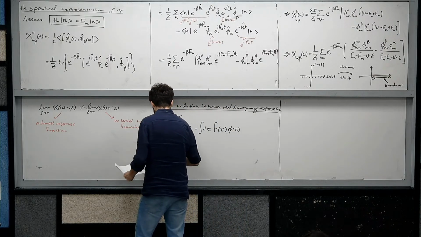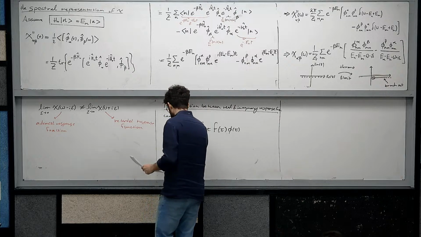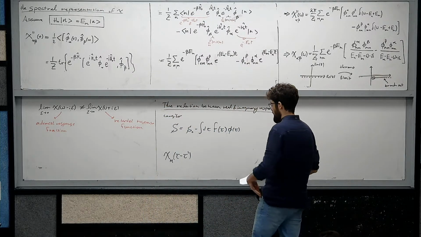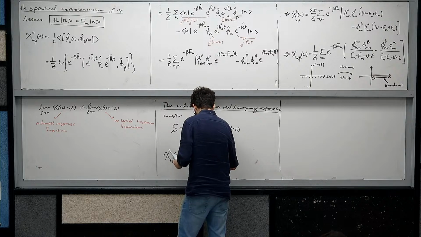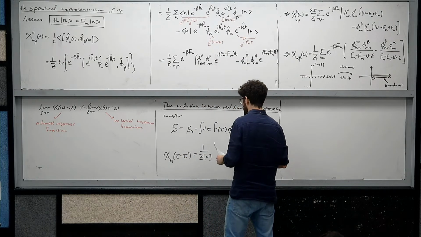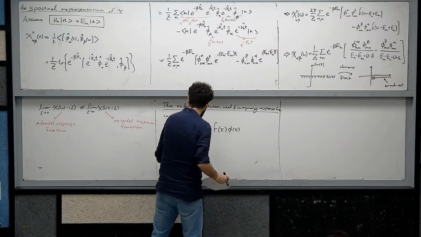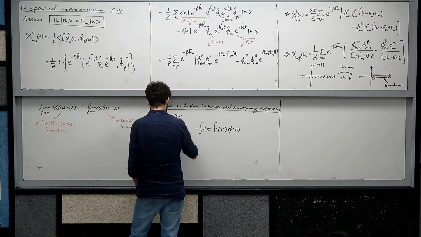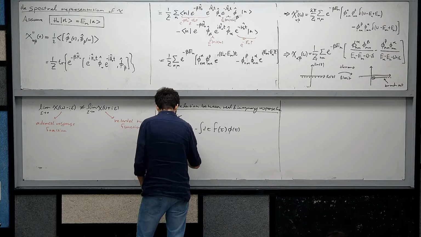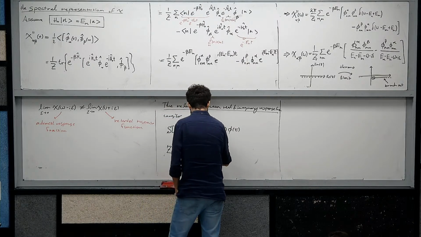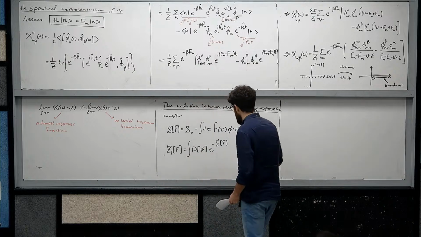Then we can define an imaginary time response function, which I will denote as chi m. Let S naught be some action.